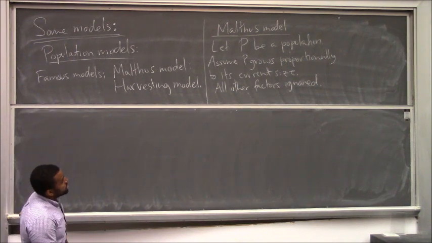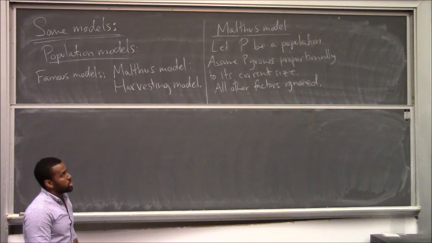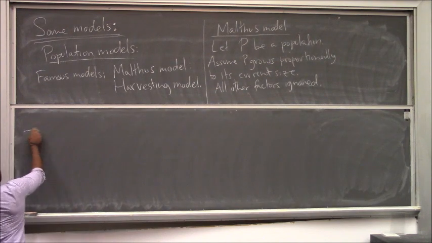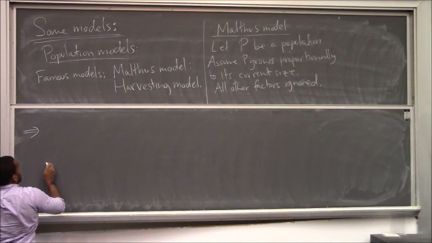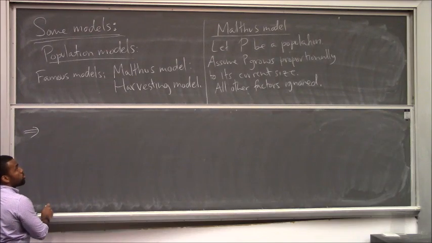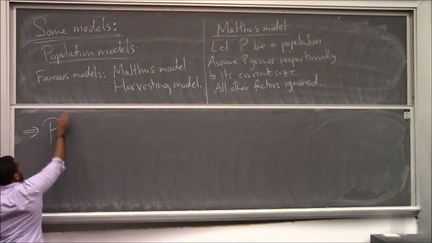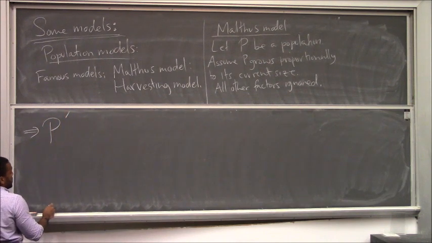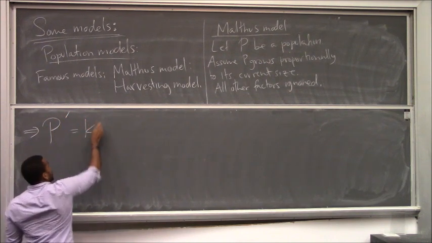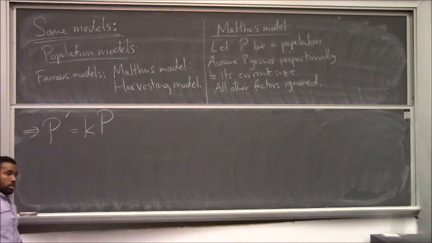So now, what does it mean to say that P grows proportionally to its current size? So it's changing as the size changes? Yeah, this is basically saying the rate of change of the size of the population is proportional to the current size of the population. That's the assumption.